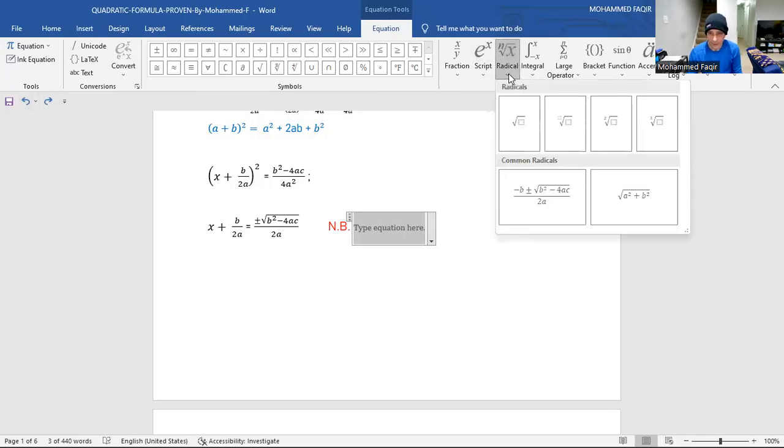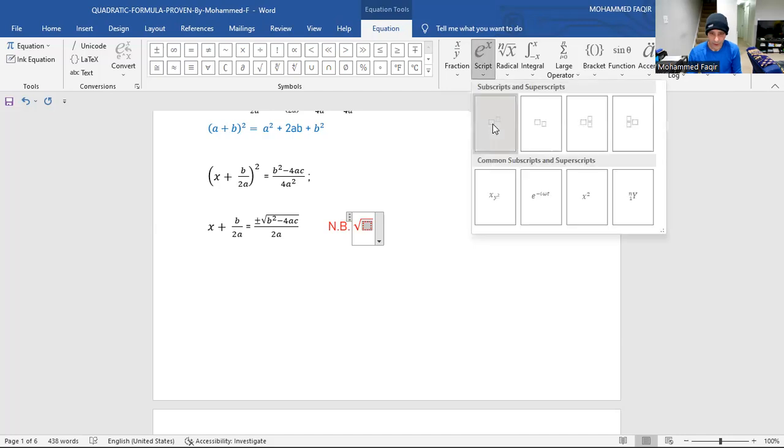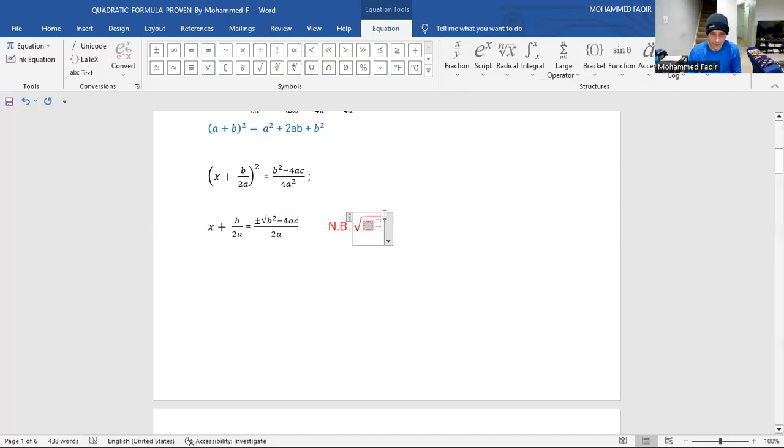I should do this, and I should come here and put x. And I have it. I'm just gonna have it lowercase so we can stay in the math notations.